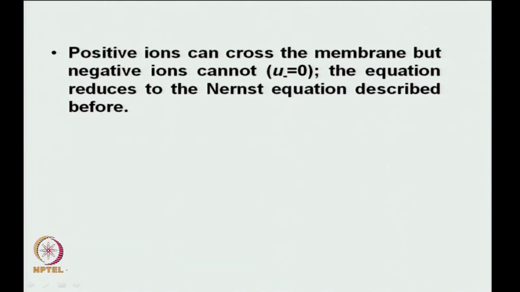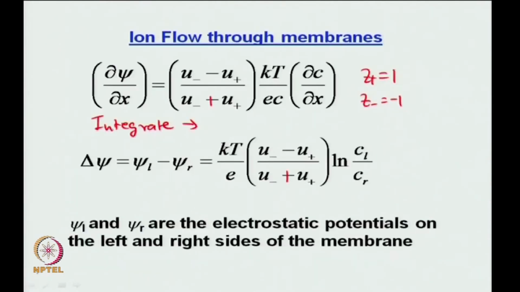So u minus would drop out, and you are left with minus kT over e ln C L over C R. What is that? That is your Nernst equation. That is what you just got, is it not?